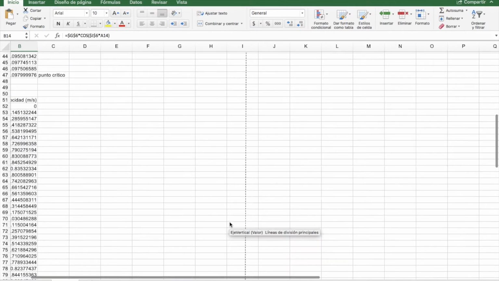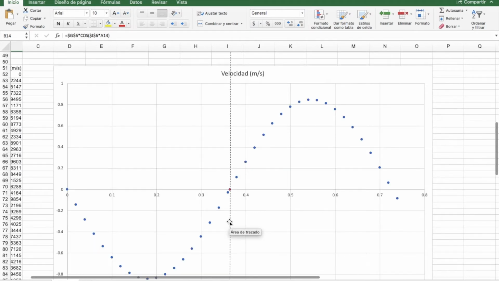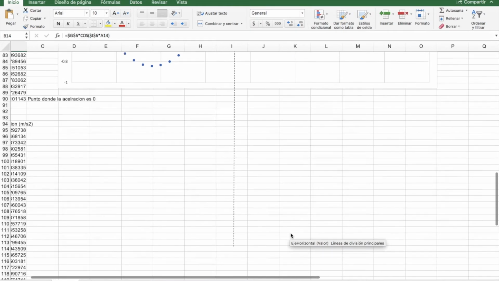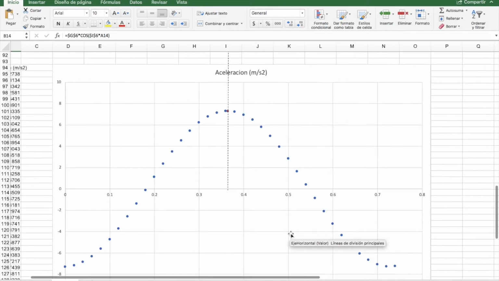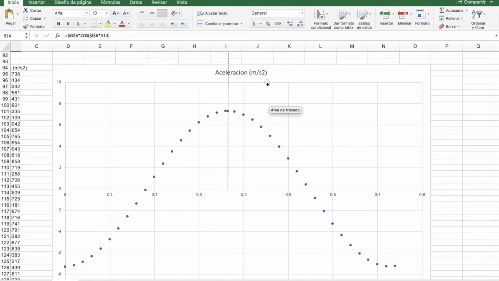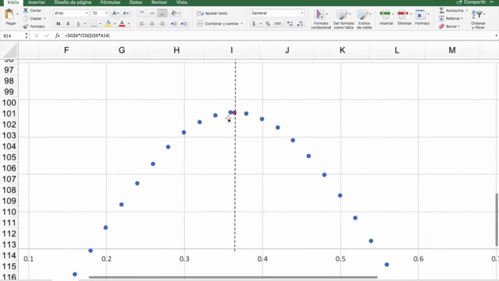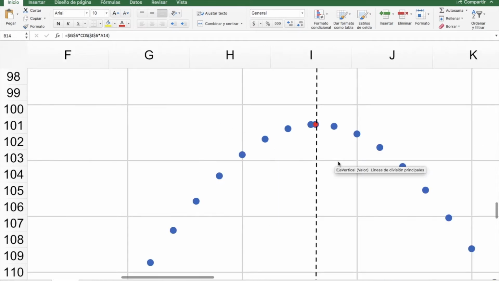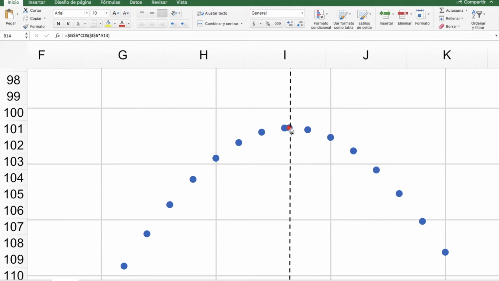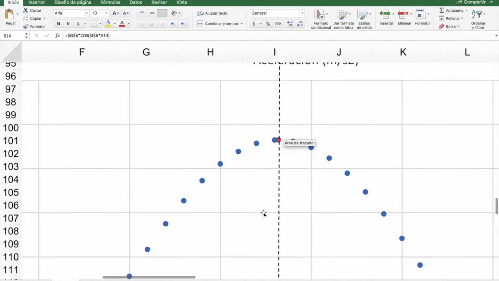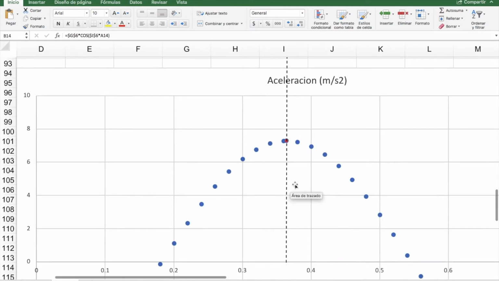And as I told you, if the velocity is 0, the acceleration needs to be a maximum. So as you can see here, this is our theoretical acceleration and this is our experimental, so we were not so bad.